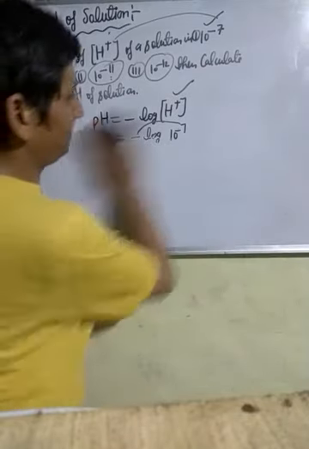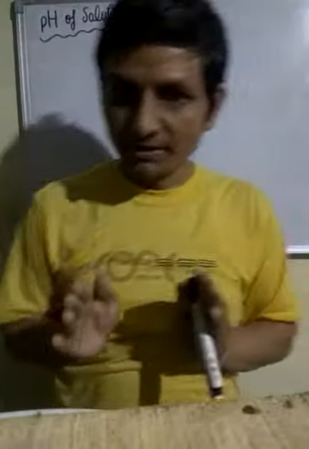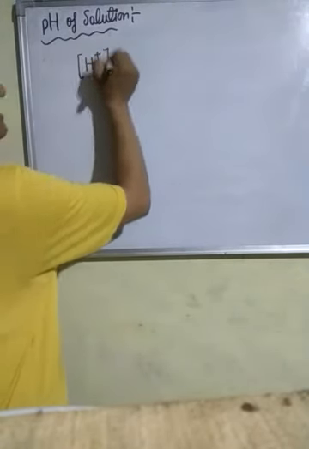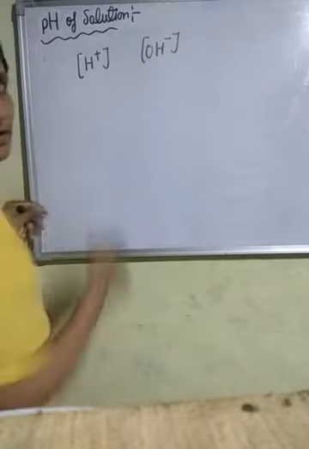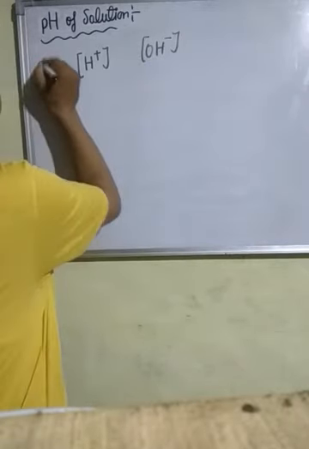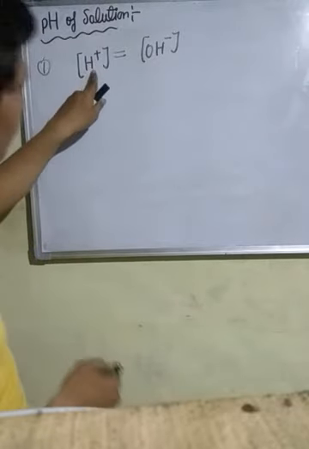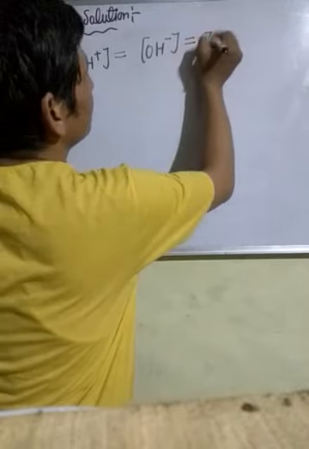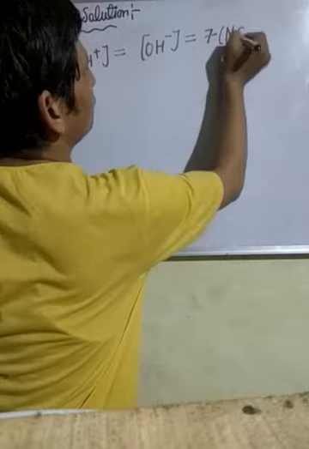Next point is, generally a solution contains hydrogen ion and hydroxide ion. Hydrogen ion is denoted by H plus and this is its concentration, and hydroxide ion OH minus concentration. If hydrogen ion concentration is equal to hydroxide ion concentration, then pH is 7 and this solution is called neutral solution.